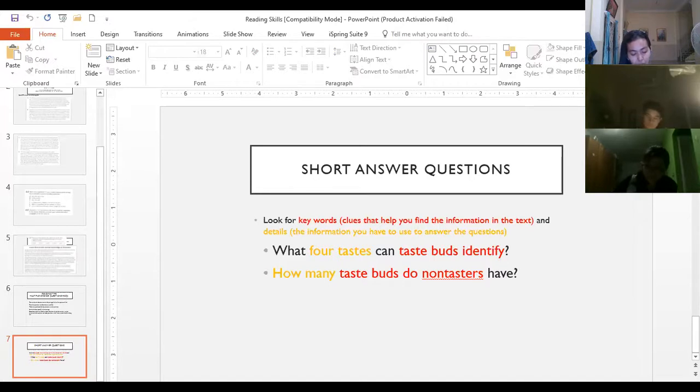Last one. So what kind of health risk if you are a non-taster? Risk of heart disease. Heart disease. What else? Diabetes. Diabetes. Okay. So because non-tasters like spicy foods and high-fat foods, they might experience diabetes or heart disease.